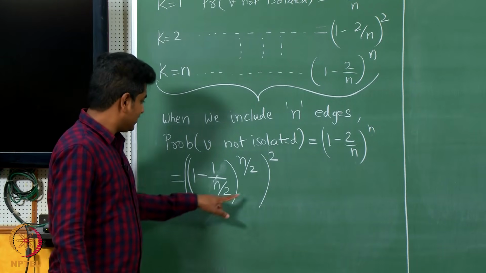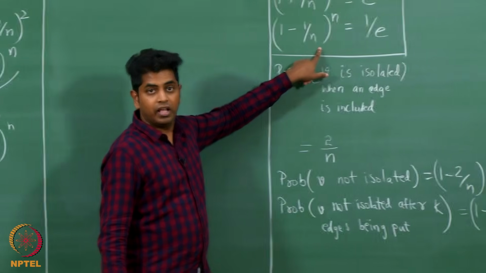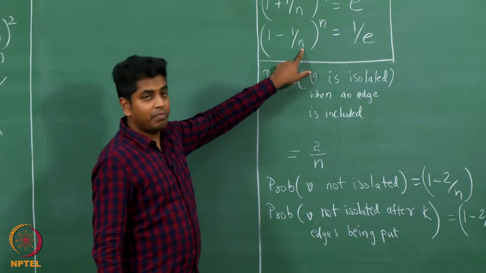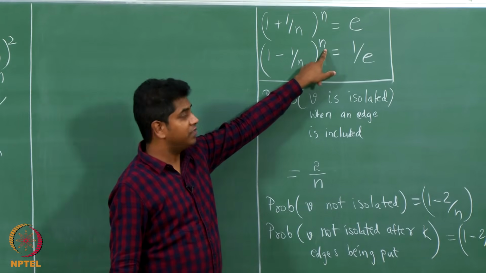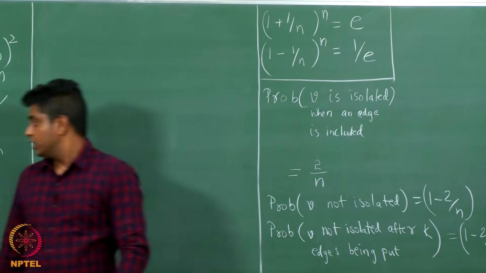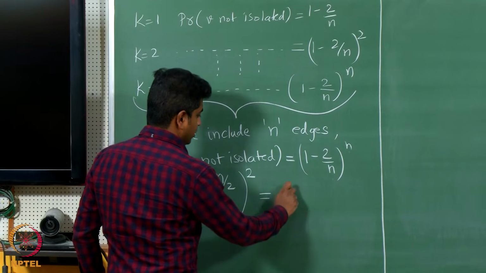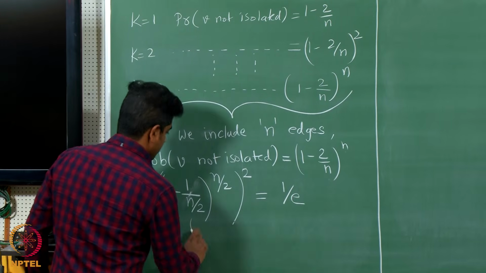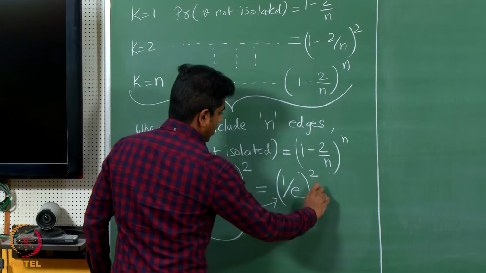So I am writing it so that this appears like something that we know already. In place of n we have n by 2, 1 minus 1 over something to the power of the same thing is 1 by e. So this is 1 by e, 1 over e, 1 over e squared.